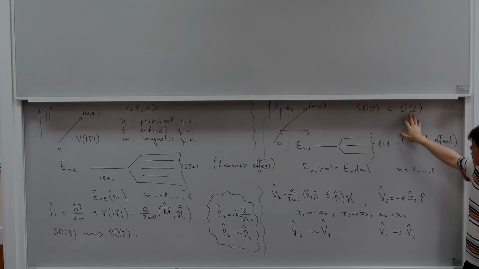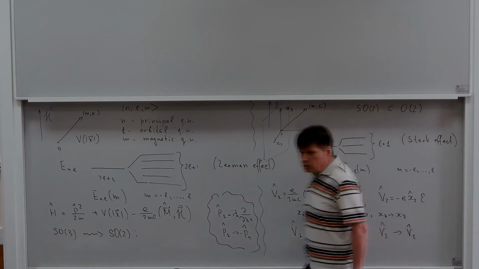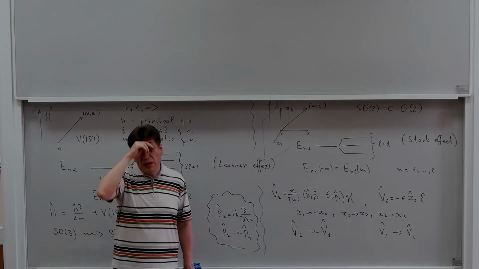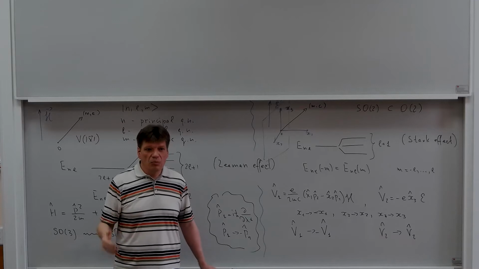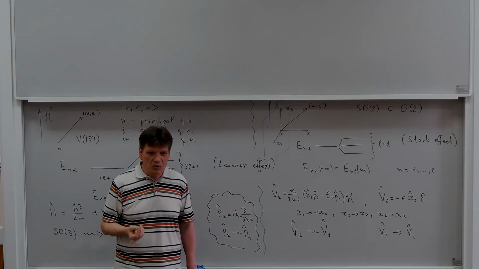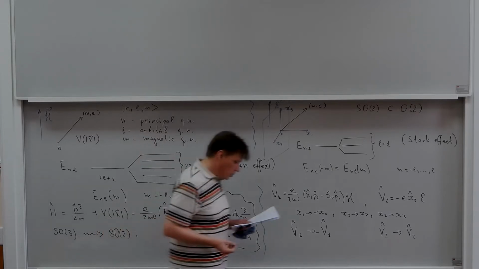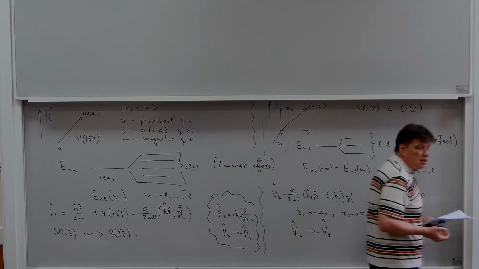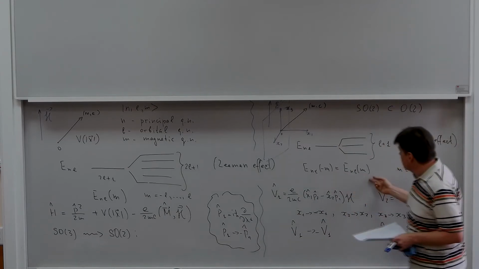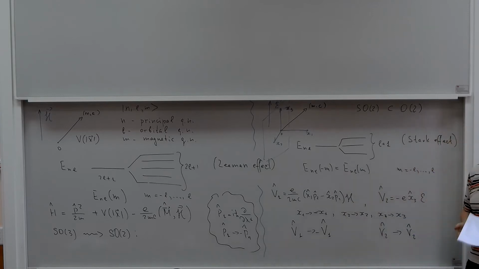And the group O2, as I have said, is non-commutative. What does it mean? It means that this group may have some higher dimensional irreducible representations. Actually, only two-dimensional representations. And this is the reason why the removal of degeneracy in the case of the Stark effect is not complete.